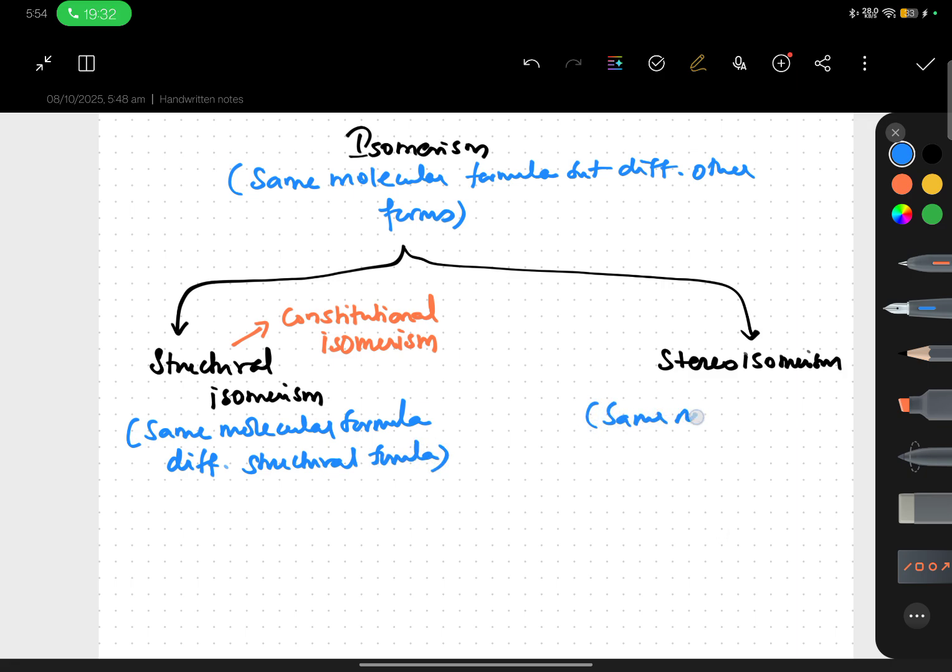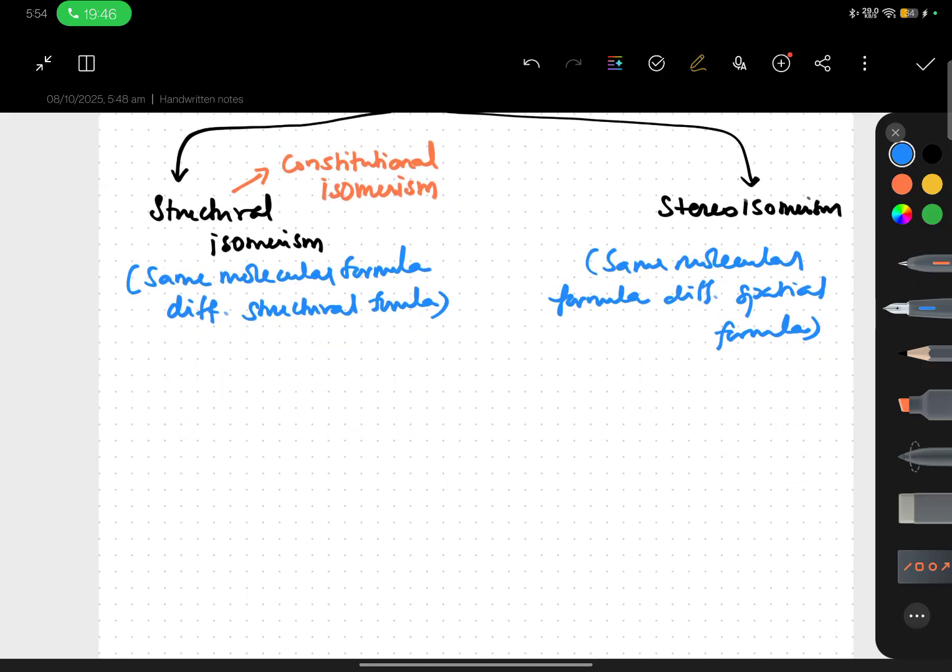Stereoisomerism: same molecular formula, different spatial formula. Spatial means in the space it will have a different type of formula. Constitutional isomerism is further divided into five types.